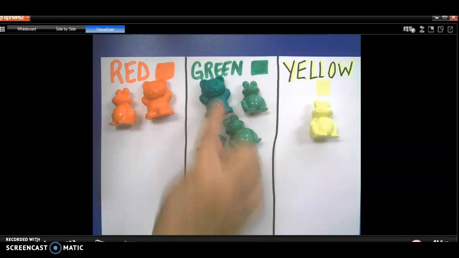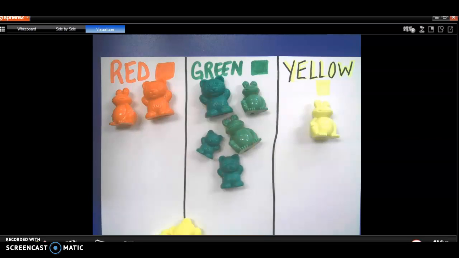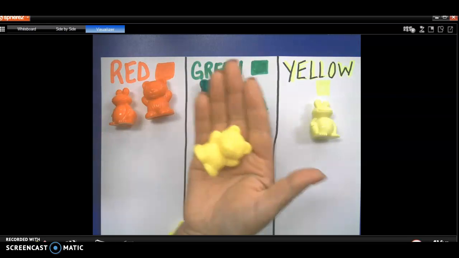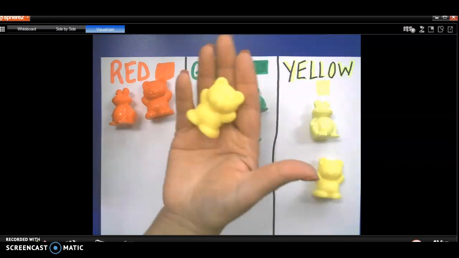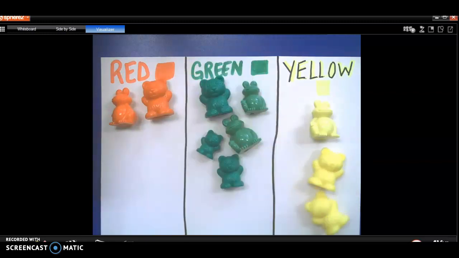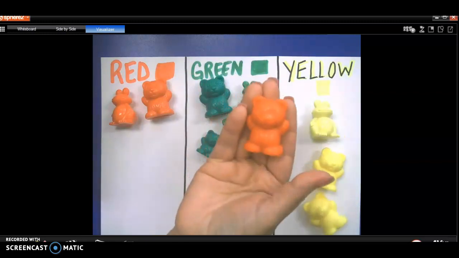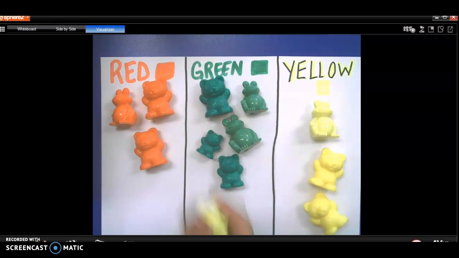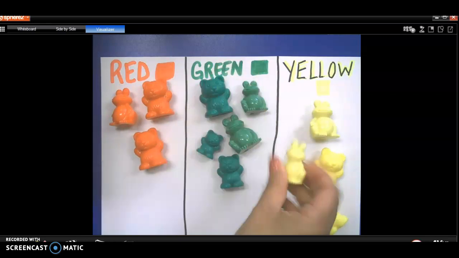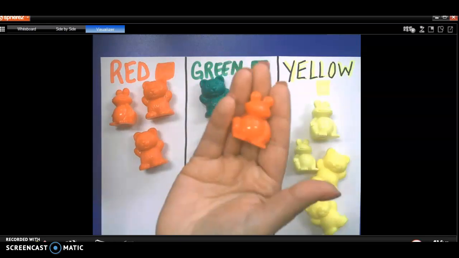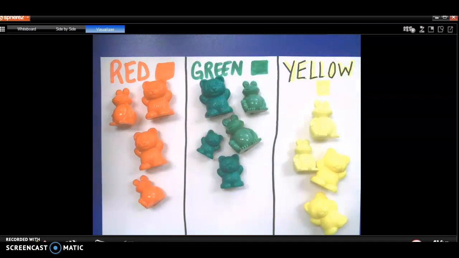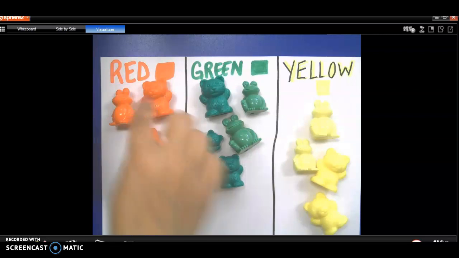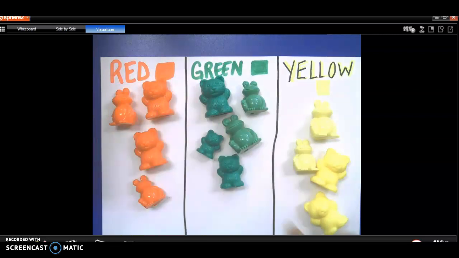It's a little bit smaller than this one, but bigger than this one. Bear. This one. Yellow bear. Yellow bear. Red bear. Yellow frog. Red frog. Okay, so I put all my reds here, all my greens here, and all my yellow here.